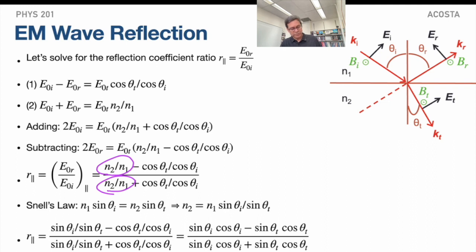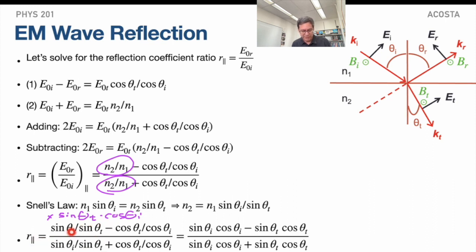Okay, what I can do one more time now, because I don't like the terms in the denominators inside both the numerator and denominator of the bigger expression, is multiply by, what do I want to multiply by? I want to multiply by sine theta T to cancel the one in the denominator there, and I also want to multiply by cos theta I. So if I multiply through the numerator and denominator of this expression for r parallel, I will cancel those denominators, but I will get an extra term.